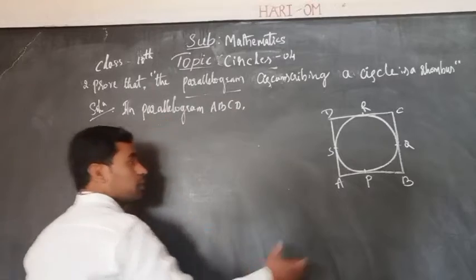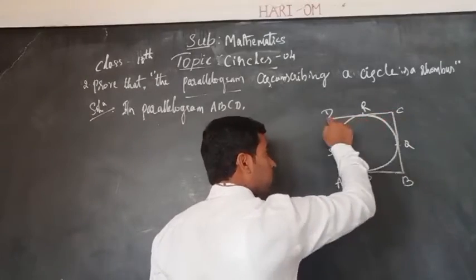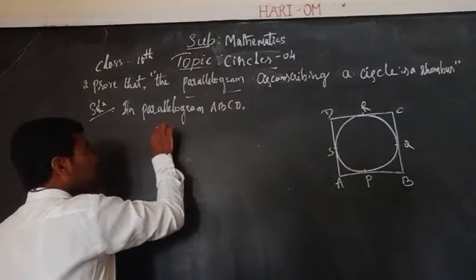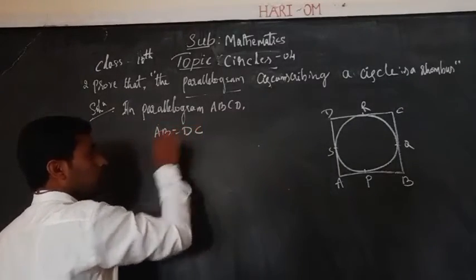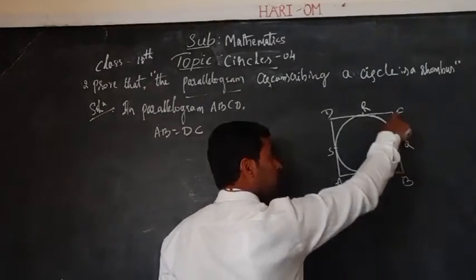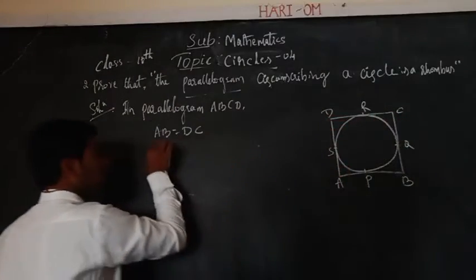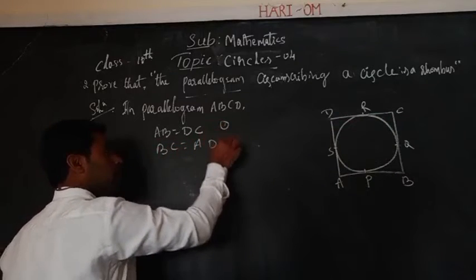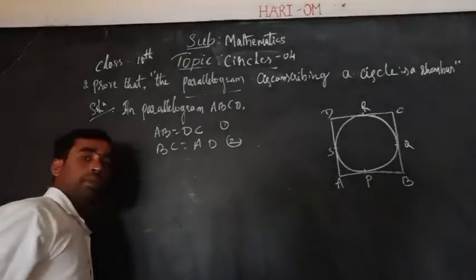Which are the opposite sides? ABCD is a parallelogram in which AB is equal to DC. Again, the other pair of opposite sides are BC and AD. BC is equal to AD. This is equation number 1 and this is equation number 2.